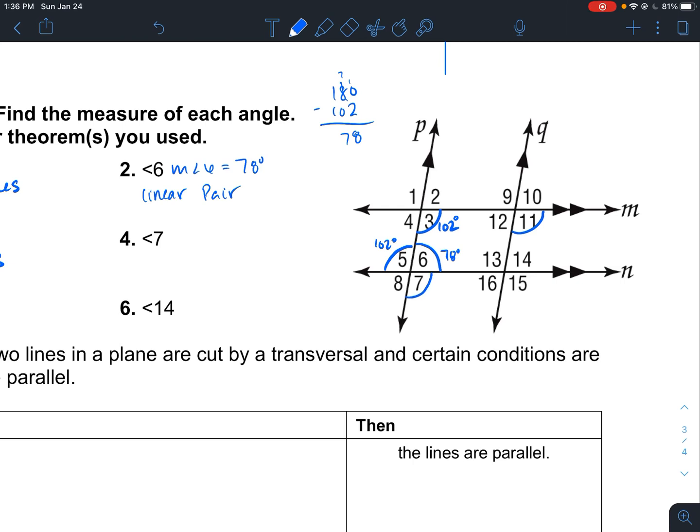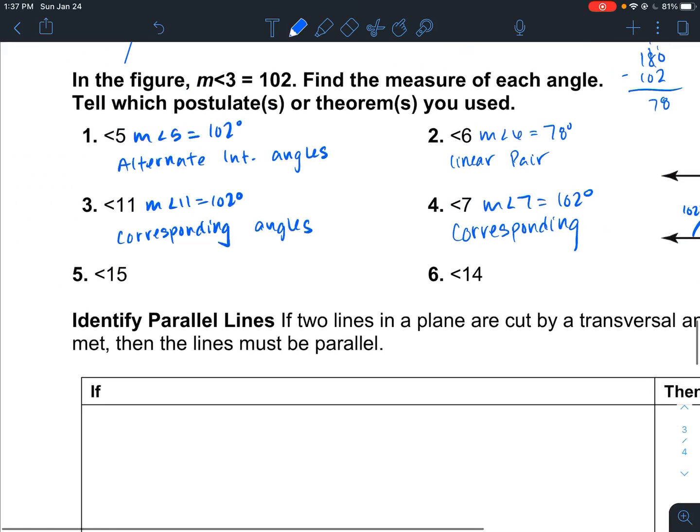Measure of angle 7 corresponds with angle 3, so the measure of angle 7 must equal 102 degrees through corresponding angles. I could have also used the supplementary angles because I know that 6 and 7 are a linear pair, so I could have used that one as well.